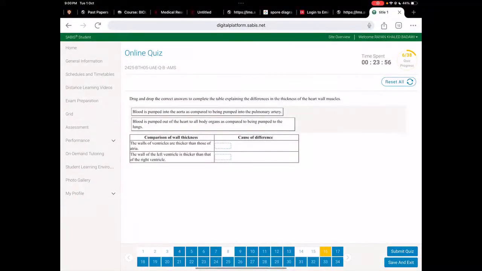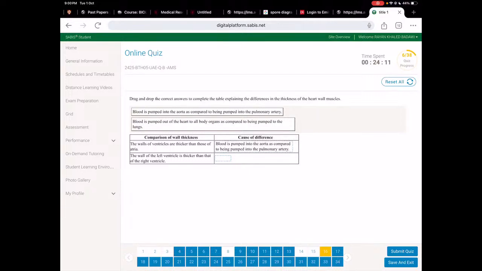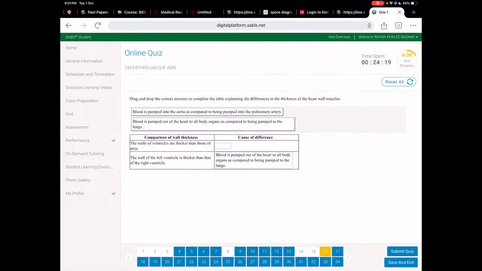Okay, W's in the chat. Perfect. So we said that the left side pumps blood to our entire body. So of course, we're going to have a thicker wall. The walls of the ventricles are thicker than those of the atria. Why? Because of this. While the wall of the left ventricle is thicker than that of the right ventricle.